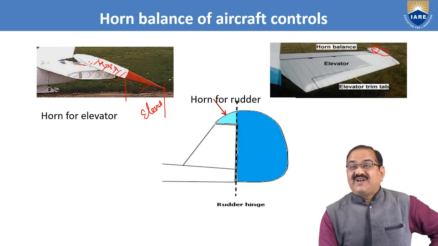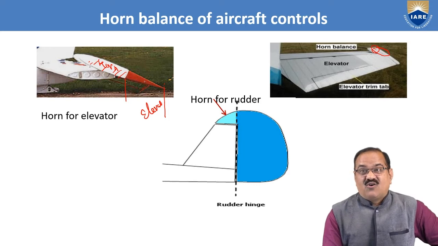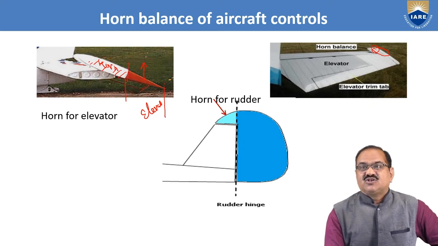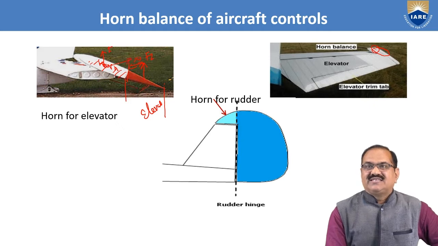Okay, if you move this down, it will generate a force like this upward, and here is the hinge line, so this is F2 and this is called X2. Here also it will generate a force in this direction, this is F1, and from here to here is X1.